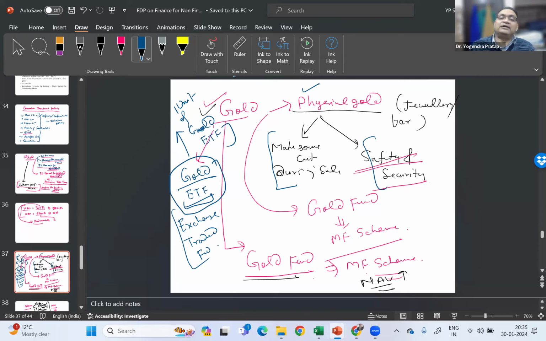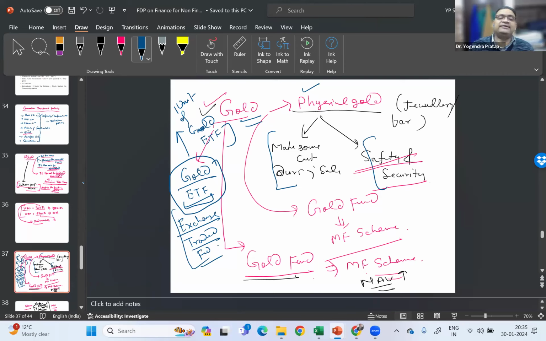So if you want to have gold, which you must have in your portfolio because of these features, you just choose the gold ETF. And the second feature is that it is an exchange traded fund, meaning you can buy and sell the gold like shares.